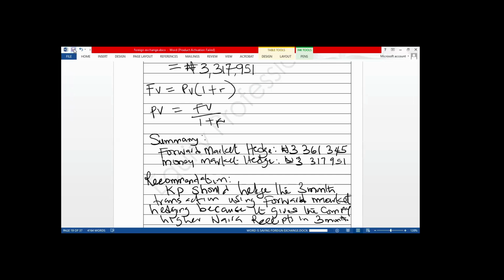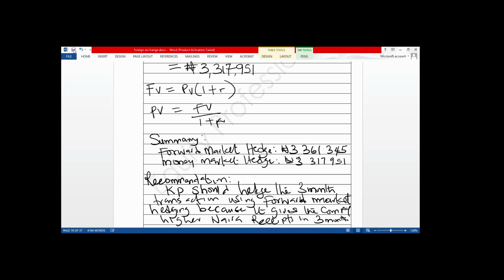We are going to explain it in our next class. We have not discussed currency futures contracts. We only discussed the first two: forward exchange contracts and money market hedging. So we are going to stop the class here. We can't take 2 questions tonight.